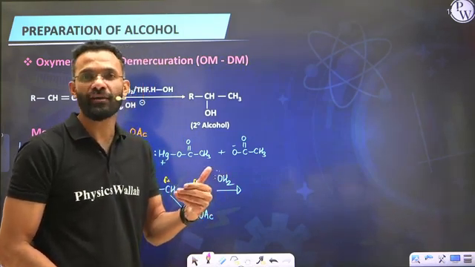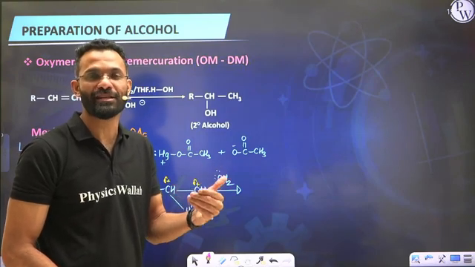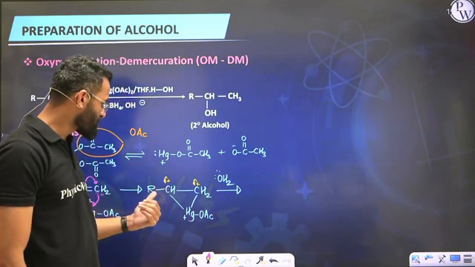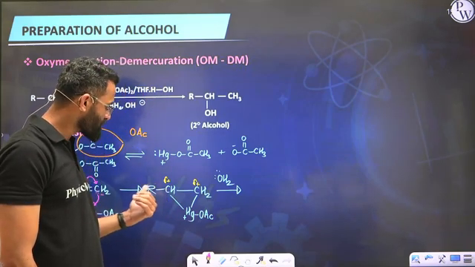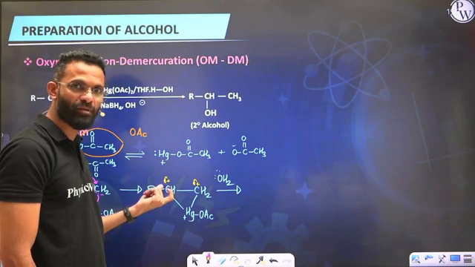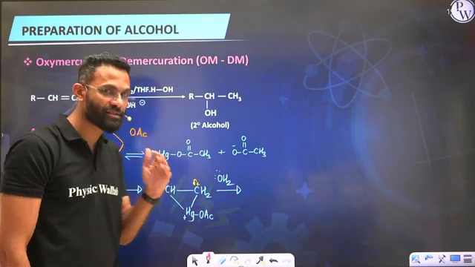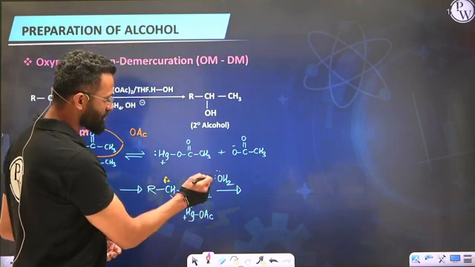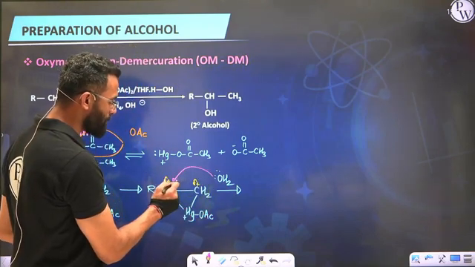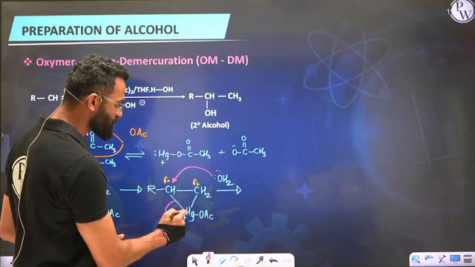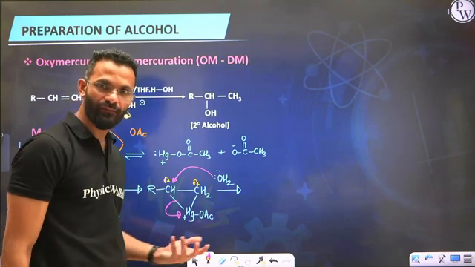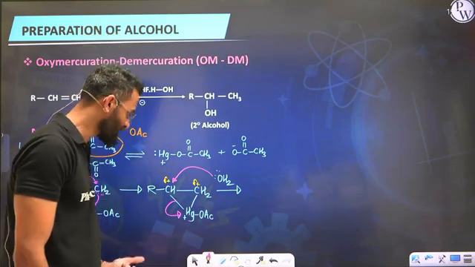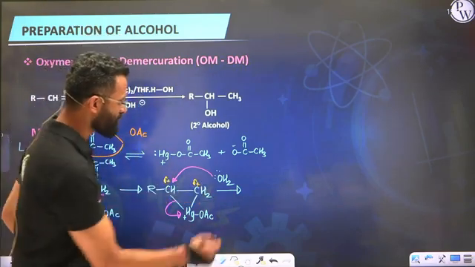So whichever carbocation character is relatively more stabilized will be attacked by water. Naturally the carbon which is more substituted, due to the plus I effect, has a more stable carbocationic character. Hence the attack of water takes place at this carbon, making this reaction regioselective, where the reagent is selecting the region of attack. So water will attack, followed by deprotonation.